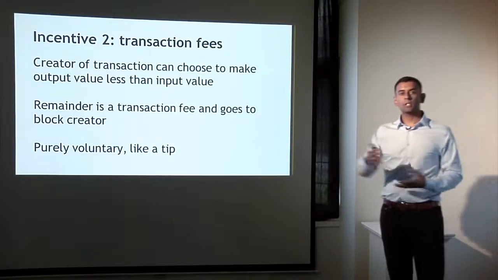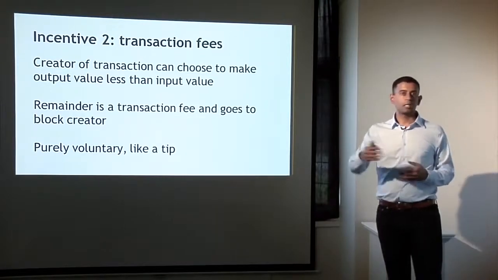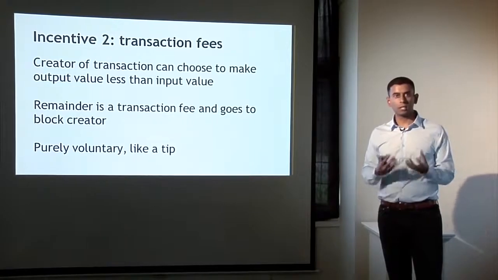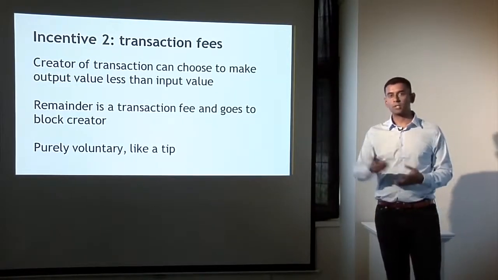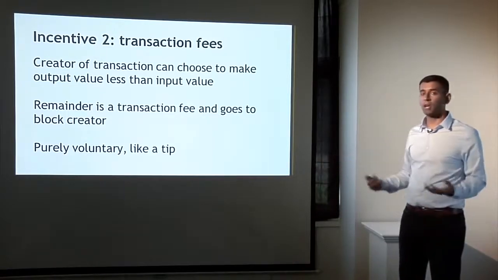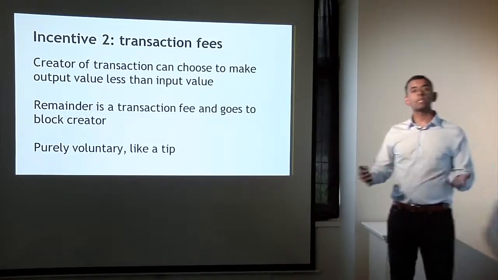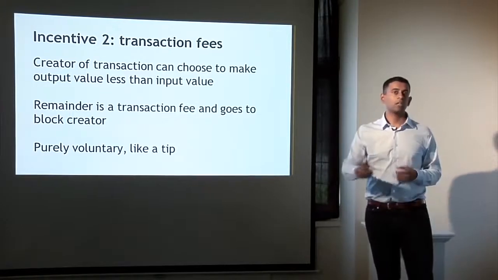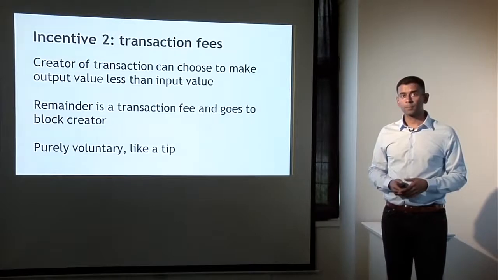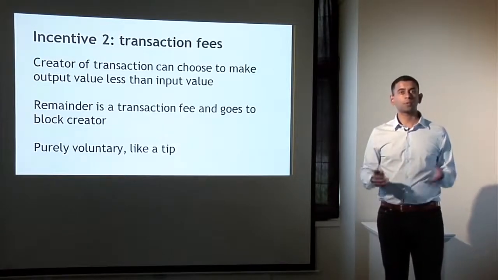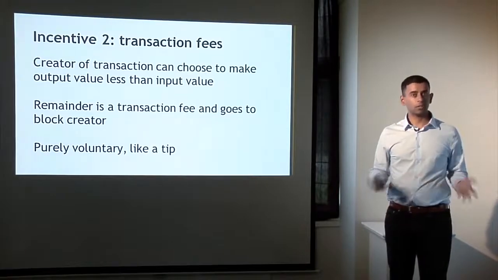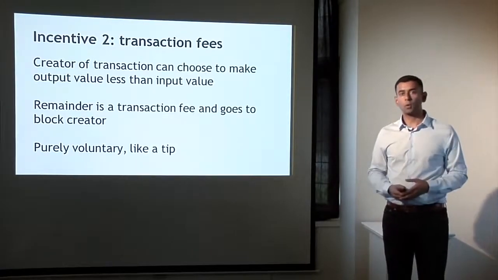So if you're a node that's creating a block that contains, say, 200 transactions, then the sum of all those 200 transaction fees accrues to you and to the address that you put into that block. Of course, this transaction fee is purely voluntary, like a tip, but we expect, based on our understanding of the system, that as the block reward starts to run out, it'll become more and more important, almost mandatory, for nodes to put a transaction fee into their transactions in order to get a reasonable quality of service.